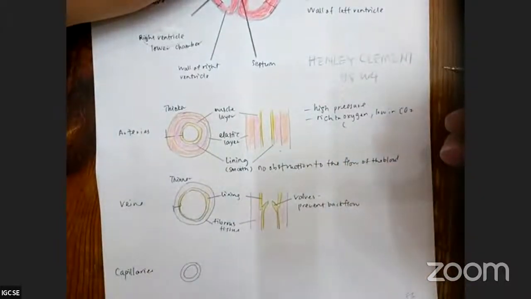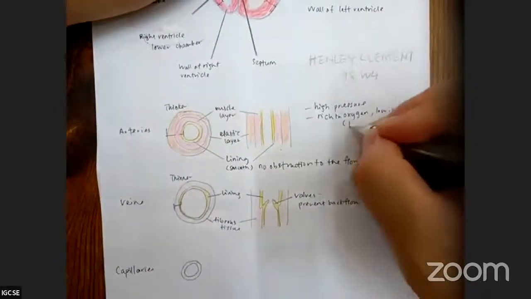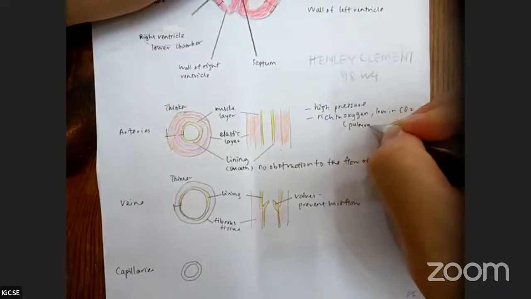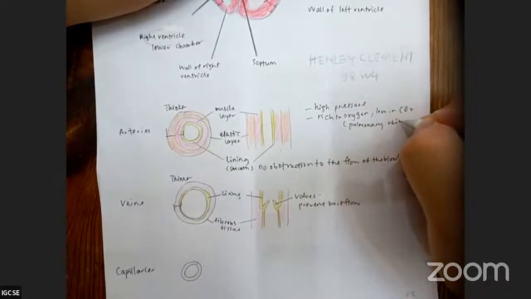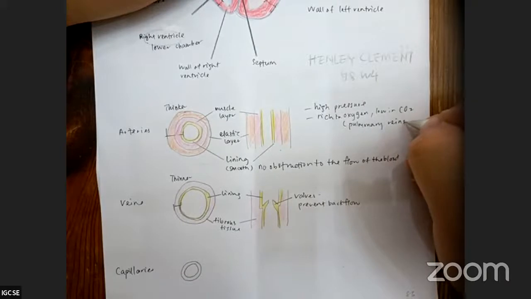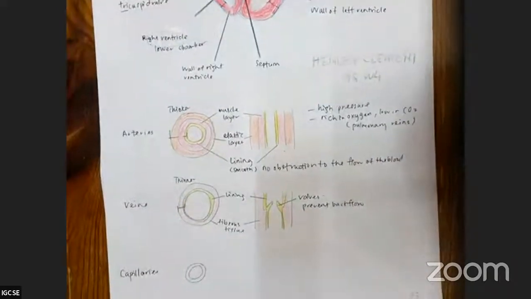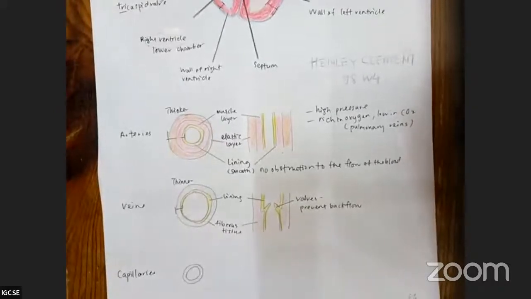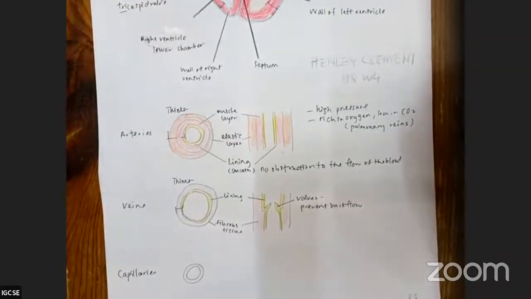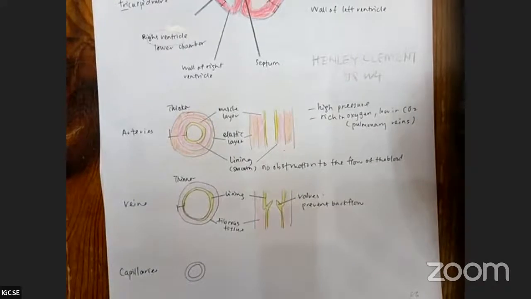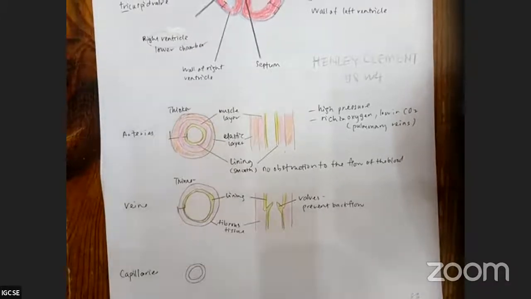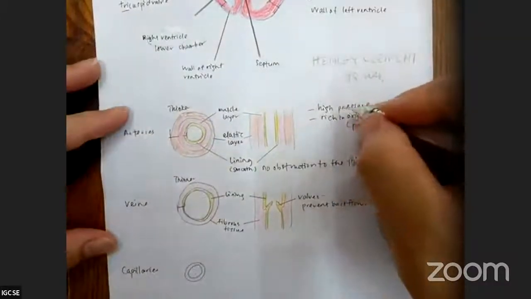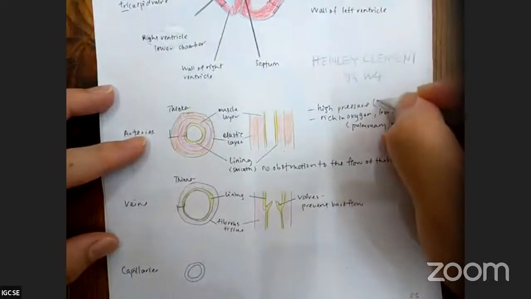I think you know from what we showed just now: except the pulmonary vein, because the pulmonary vein is a vein coming back from the lung with oxygenated blood. This high pressure is also a result of the thicker wall.